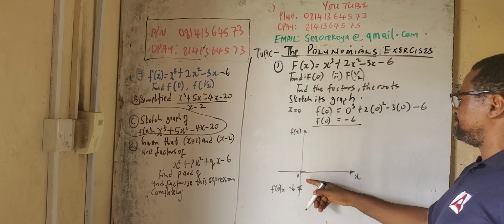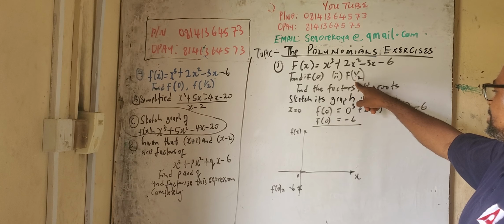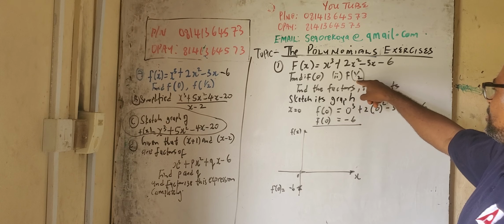Then for this one, we are talking about f of half now. What will be the value of f of half? That means when your x is half. Let me quickly do that on this side of the board. Let's see what we are going to get using f of half.